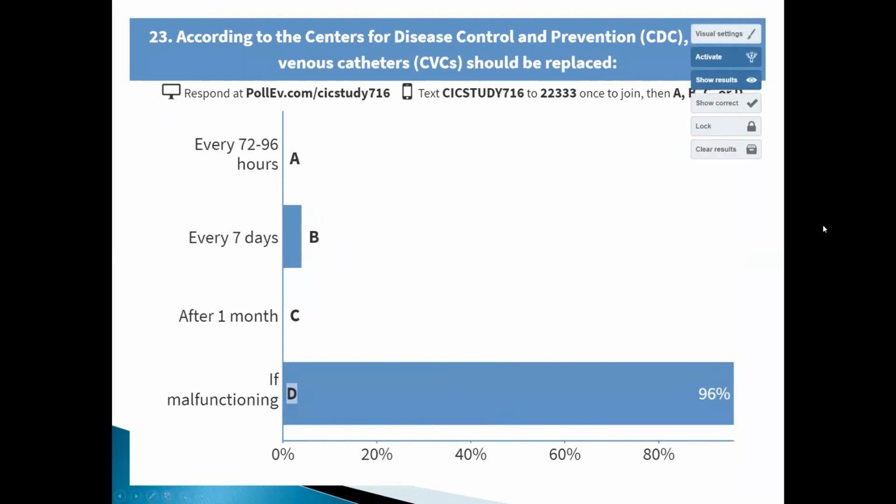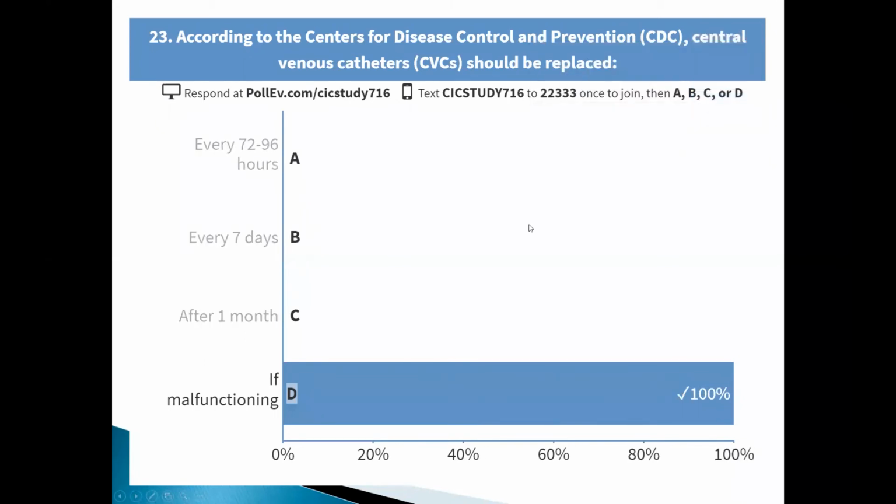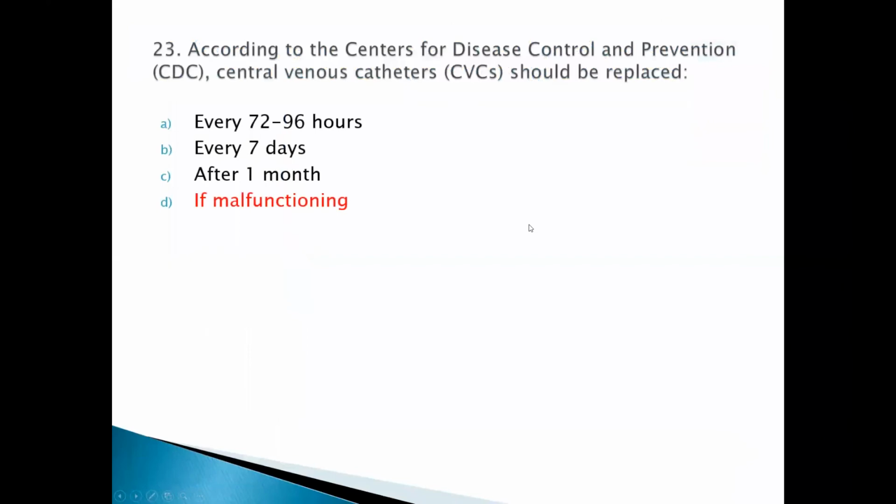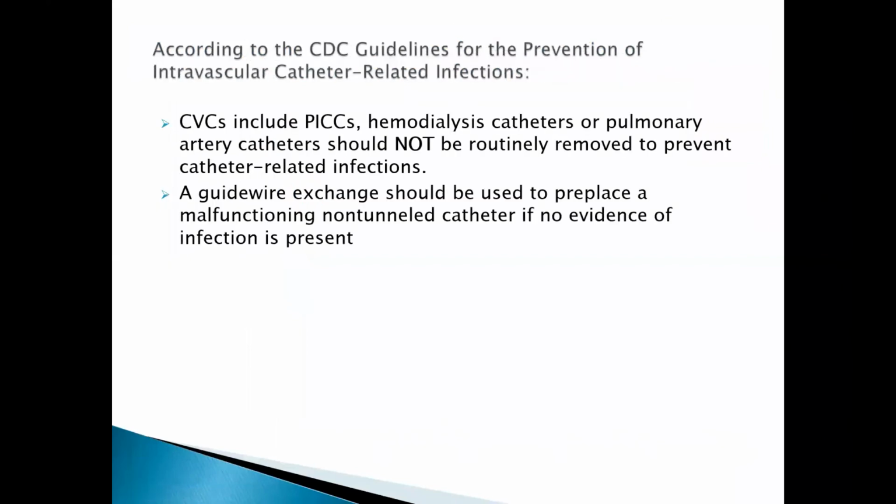All right, most people are going with D if it's malfunctioning, and that is correct. So you don't want to be replacing them unless they have to be for these CVCs.